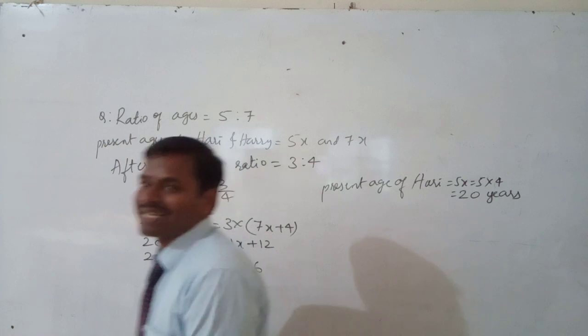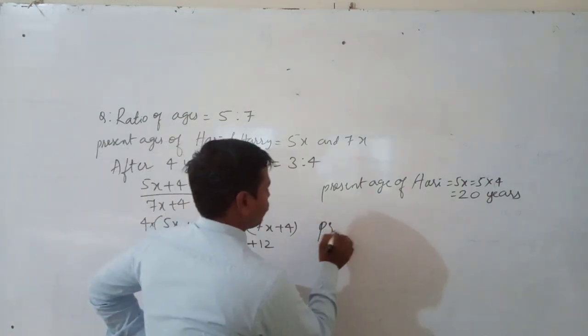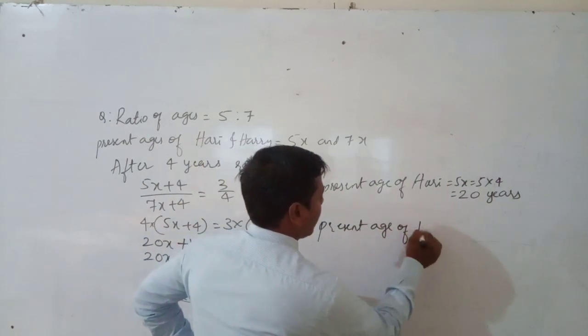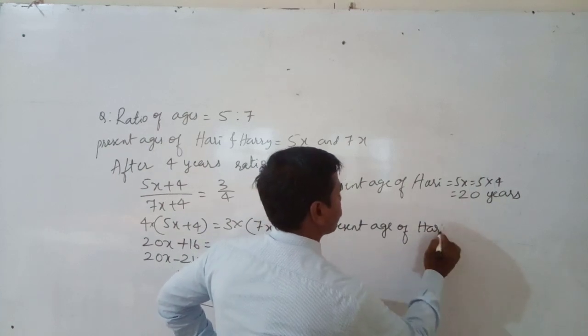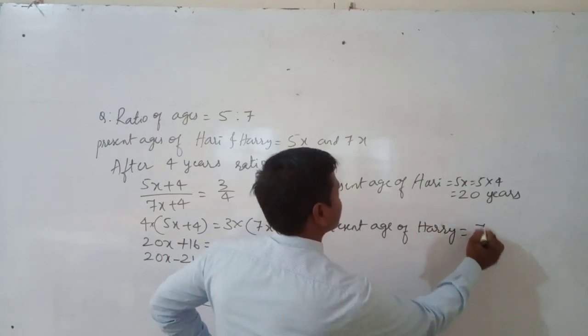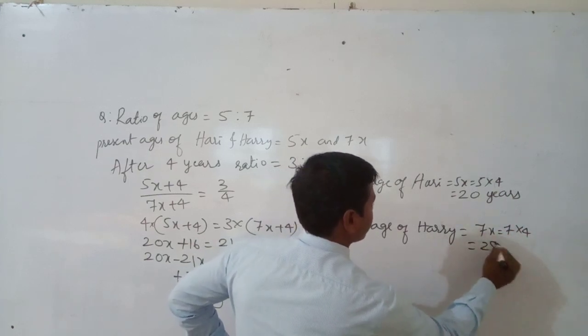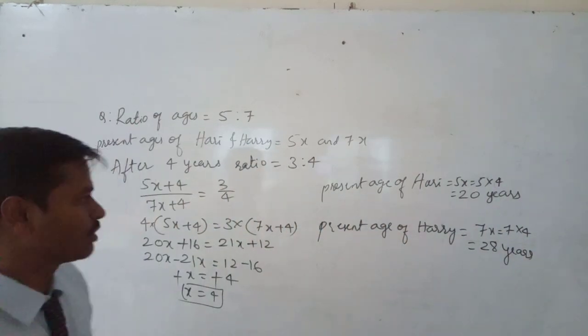Now what is the present age of Harry? 7x is there, 7x. 7 into 4. Present age of Harry is 7 into 4, that is 28 years. 28 years we are getting.